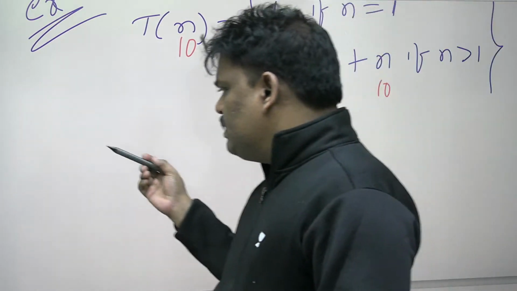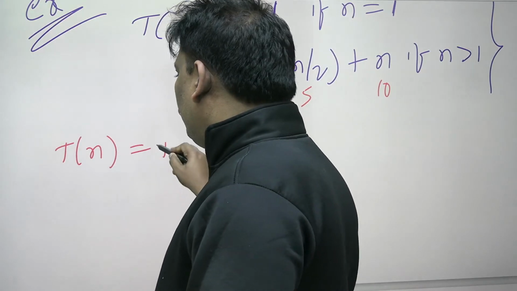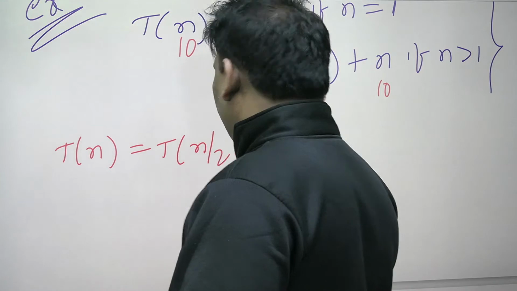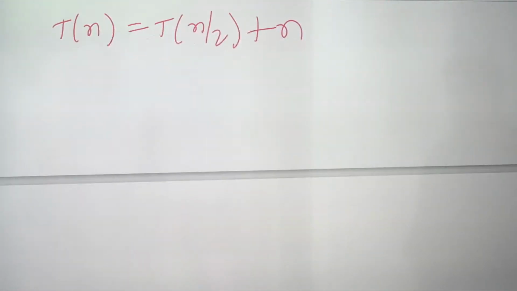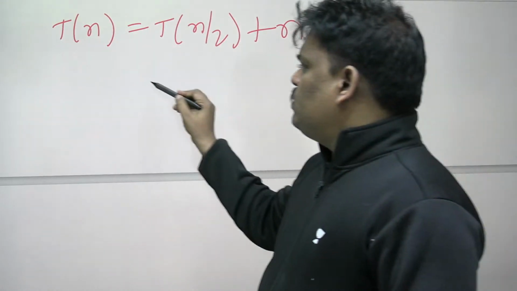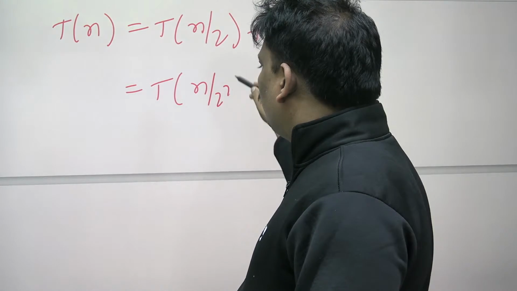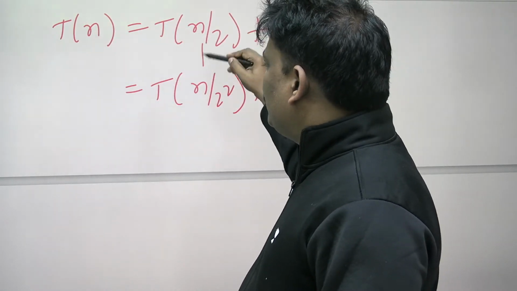I'm starting. See this one. T(n) is equal to T(n/2) plus n. That is the first step. Next, this is equal to T(n/2/2) plus n/2, that is T(n/2^2) plus n/2. If n is there, here it is n/2.